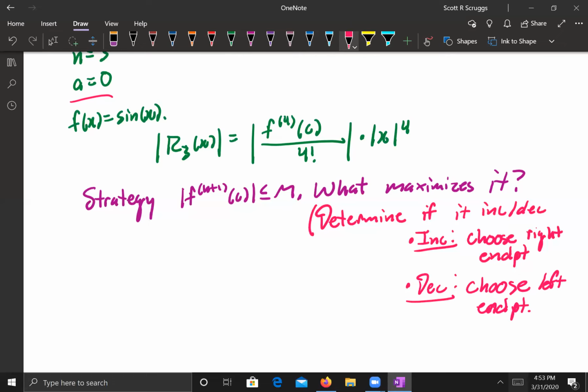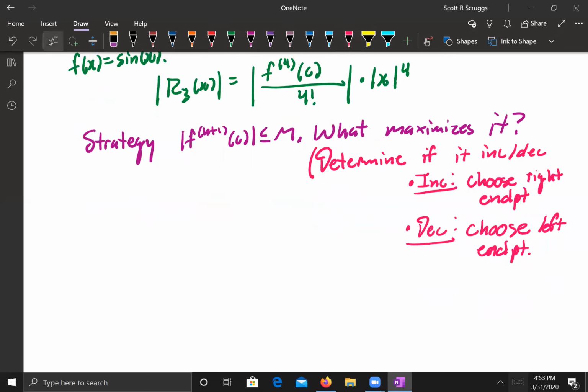But for this example, I don't have to do either, because since my function is sine, my fifth derivative, when I plug in sine of x, is cosine. And I should use c to denote that is the value c.